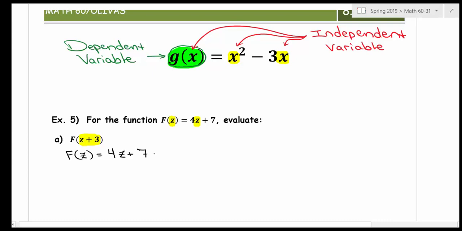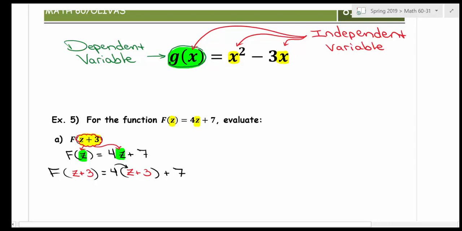Every time I see a z in my function, I am going to replace it with z plus 3. So I'm going to put z plus 3 inside this set of parentheses, and I'm also going to put another z plus 3 inside this set of parentheses.